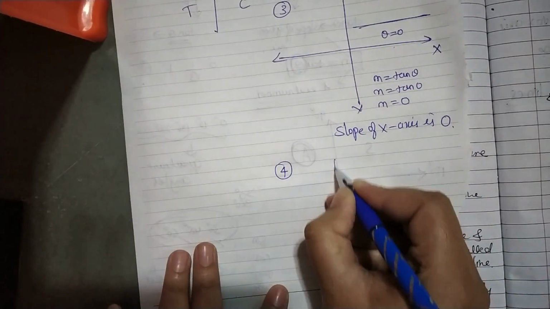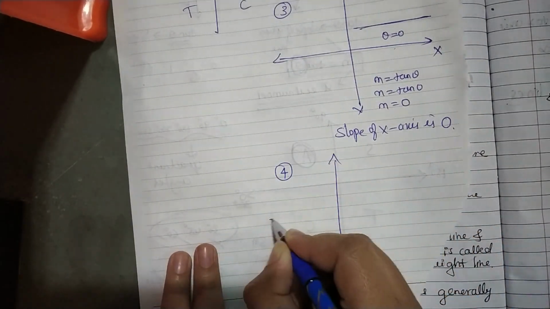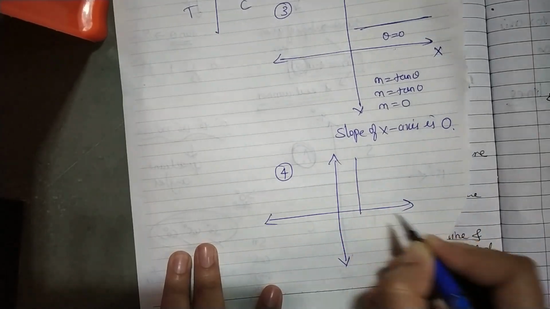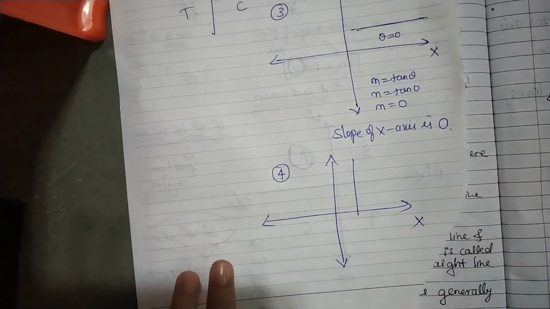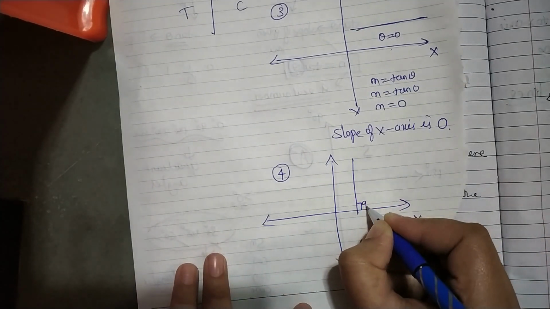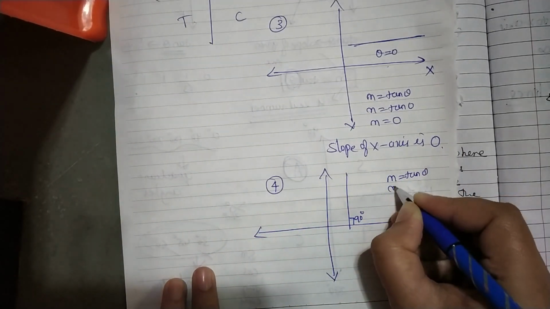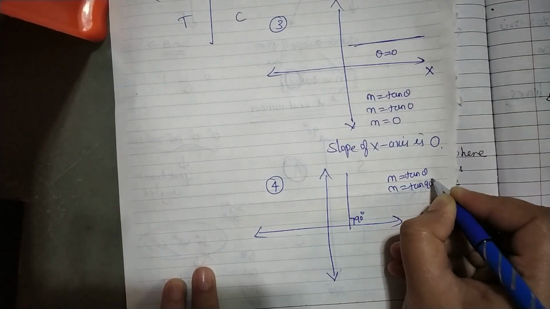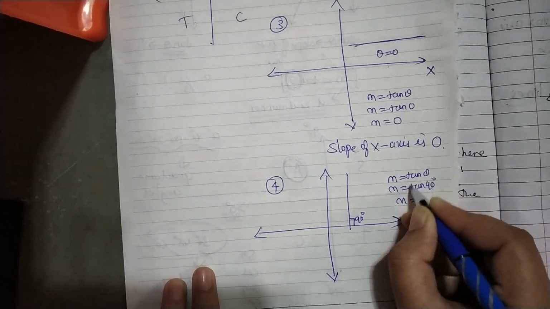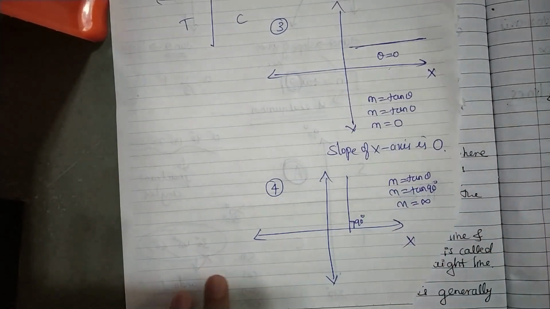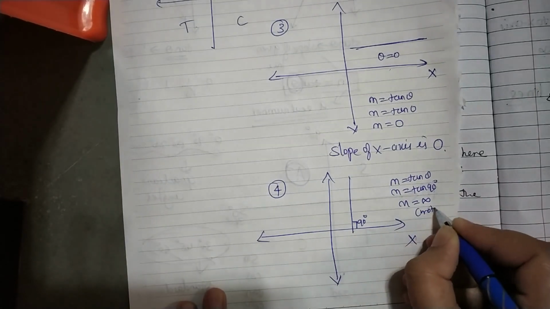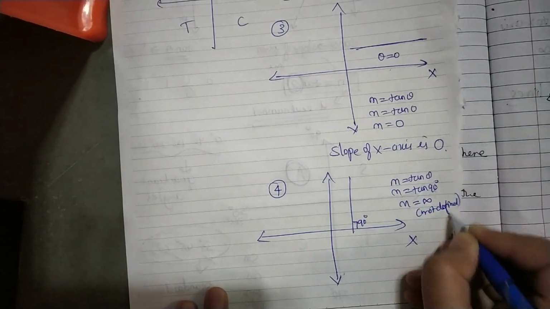Fourth note is, if any line is perpendicular to x-axis, then the angle between them is 90 degree, and we know that m is equal to tan theta, m is equal to tan 90 degree. What is the tan value of 90 degree? Not defined, which is infinity. What symbol do you use?